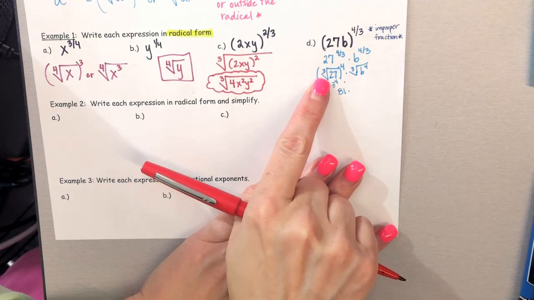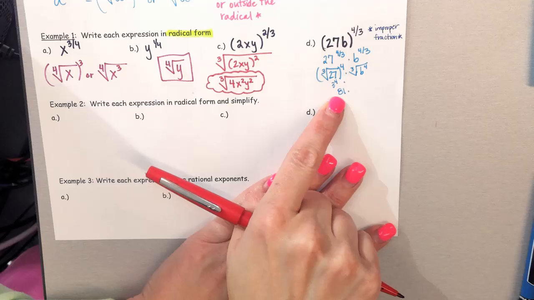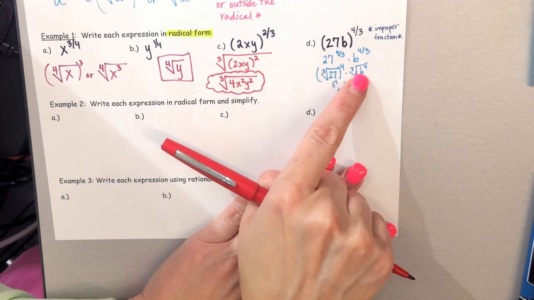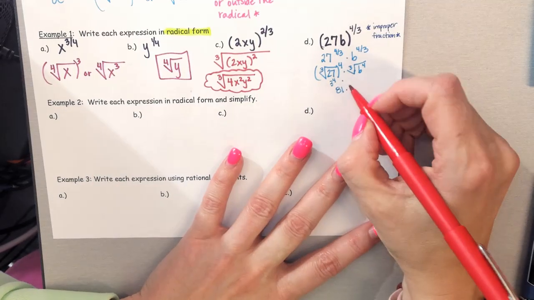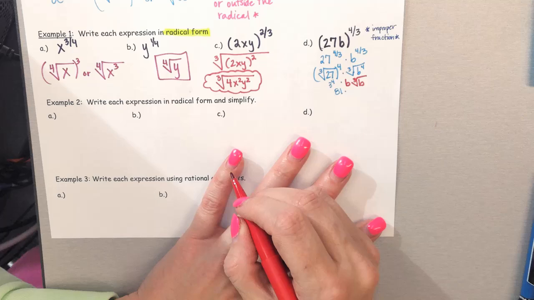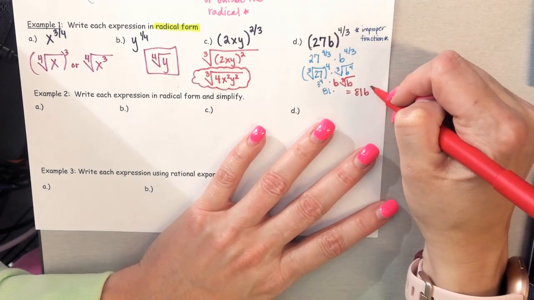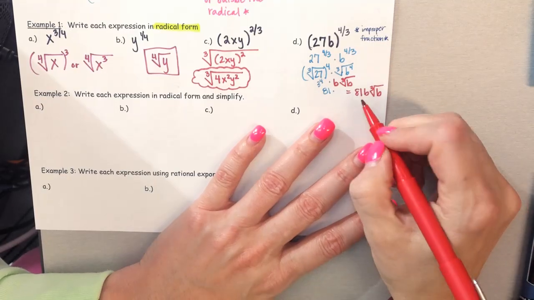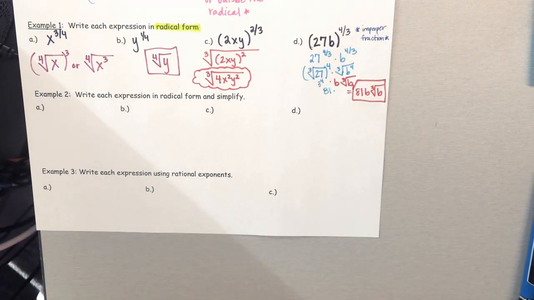So we simplified here. 3 to the 4th became 81. Here we have b to the 4th power underneath the cube root. So 3 goes into 4 one time with 1 left over. So when you multiply those together, you have 81b times the cube root of b. And that's going to be your final answer.